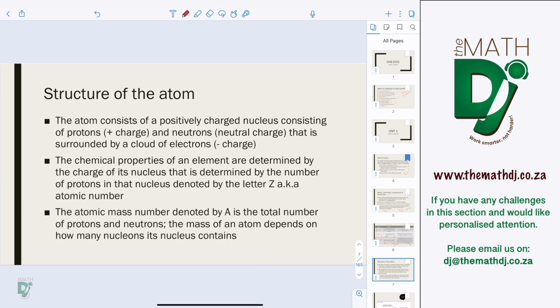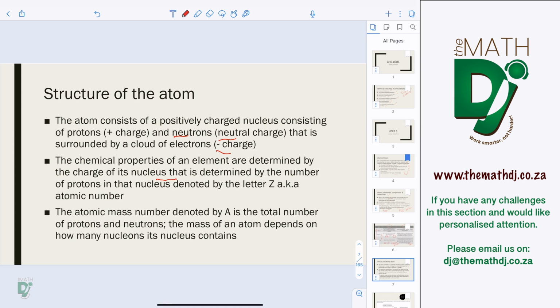Structure of the atom. The atom consists of a positively charged nucleus consisting of protons with a positive charge and neutrons with neutral charge. So remember that when you see neutrons, they have no charge. That is surrounded by a cloud of electrons with a negative charge. Chemical properties of an element are determined by the charge of its nucleus.